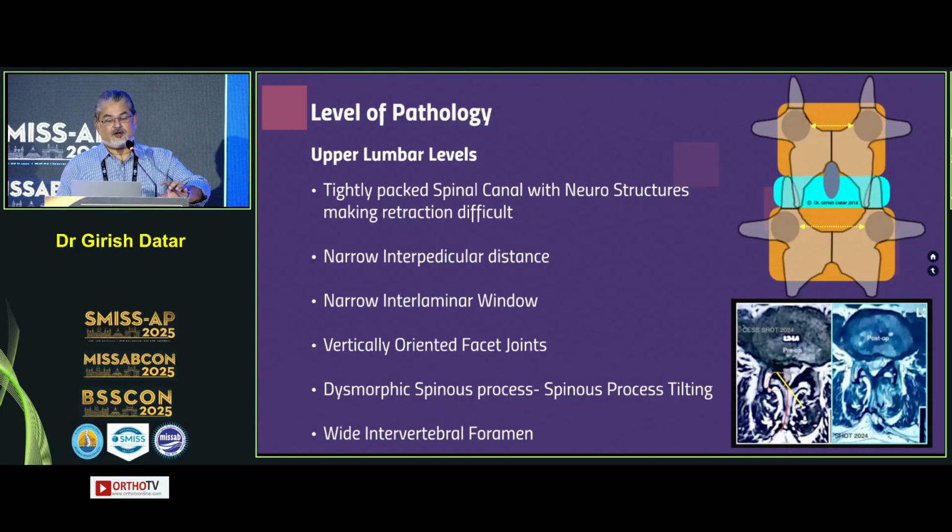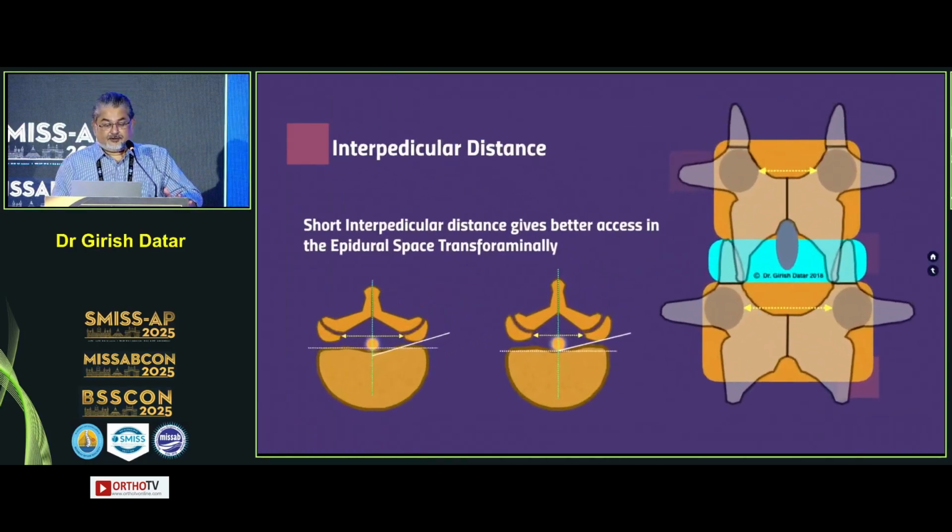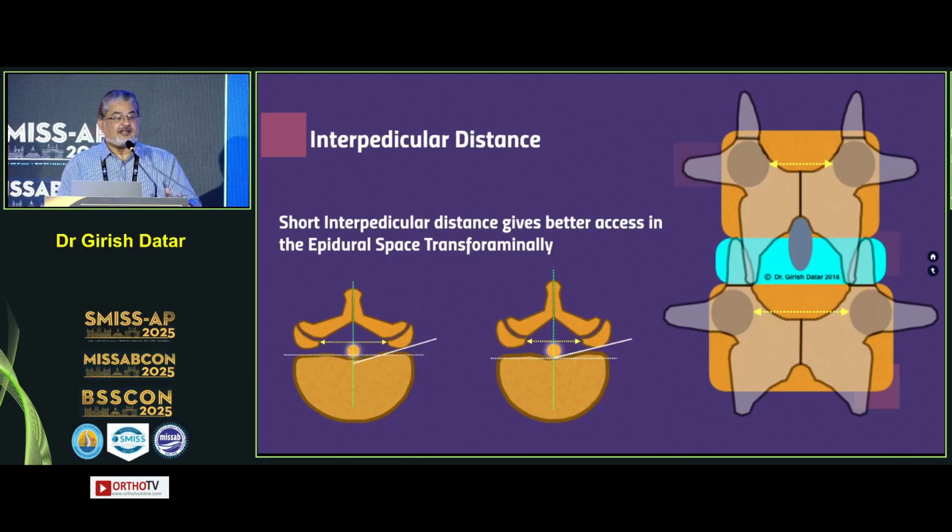So all these anatomical factors may prevent us from doing an interlaminar surgery unless it is a must, for example a dorsal pathology where you may choose to come primarily over the top to save the facet on the ipsilateral side. Now, the interpedicular distance is a very important criterion as far as transforaminal surgery is concerned, because the more the interpedicular distance, the more difficult targeting becomes.